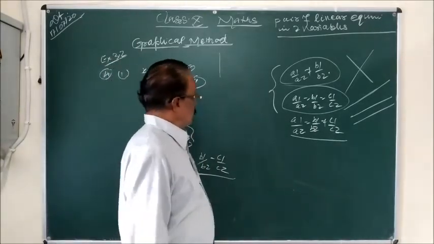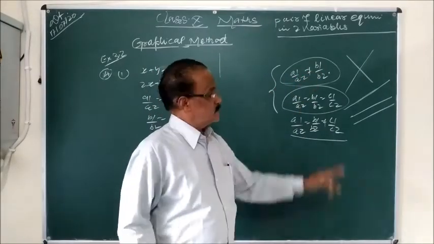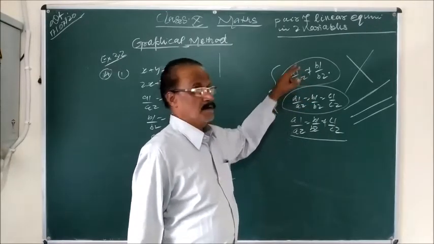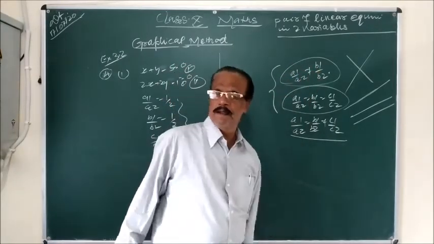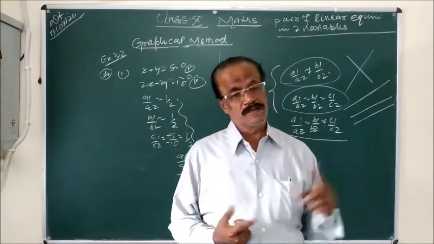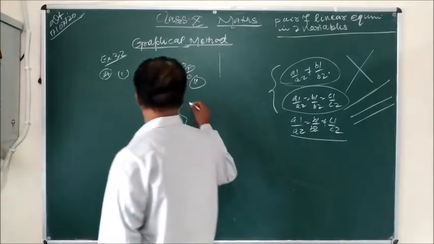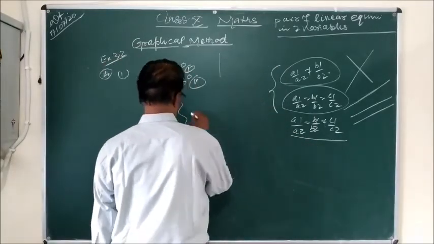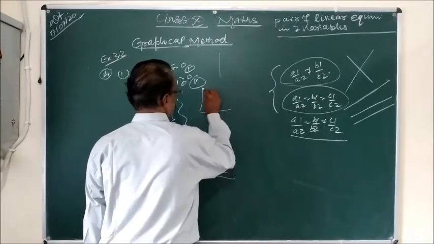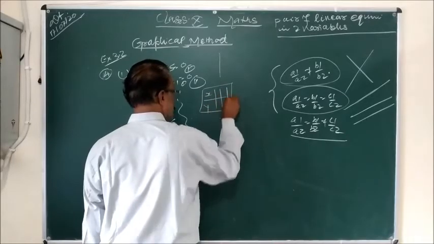And for your knowledge, I would like to tell you, those equations you will solve in which the condition A1 by A2 not equal to B1 by B2 holds, the equation will be unique, and therefore you can solve the equation graphically. You have to draw the graph, so you find the coordinates taking some values of x and y.